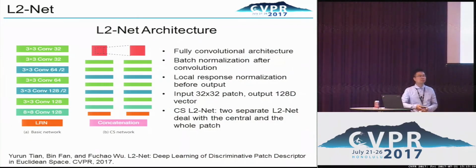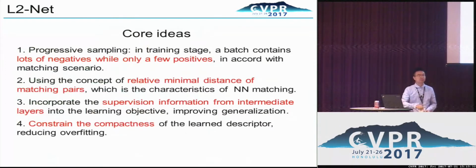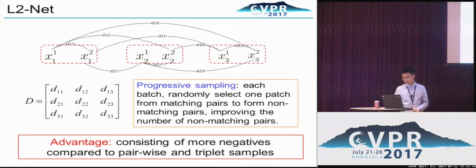For the progressive sampling that you mentioned in L2Net, is it different from the N-pairs loss that was proposed recently for embedding learning? It seems very similar to that. Do you know that? Pardon? There is a new deep metric learning framework that was proposed at NIPS last year. It's called N-pairs loss. It seems very similar to this.